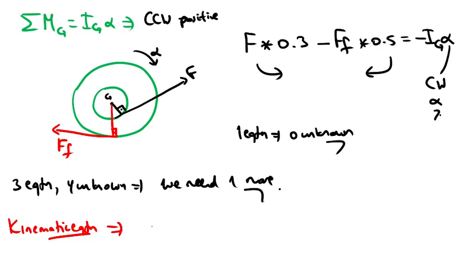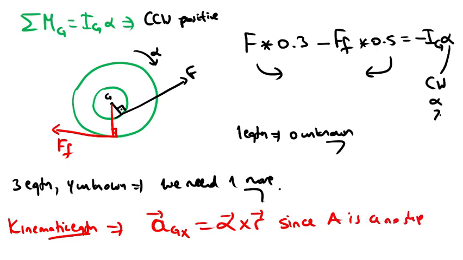That kinematic equation will be that a_Gx will be alpha cross r, since A is no-slip. This one is from chapter 16. Okay, let's do that. a_Gx is alpha cross r.